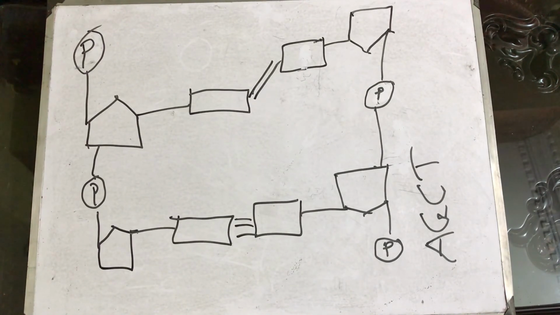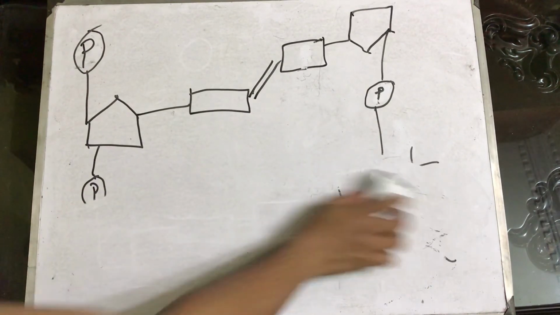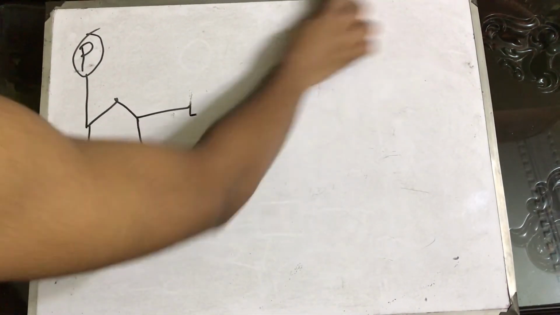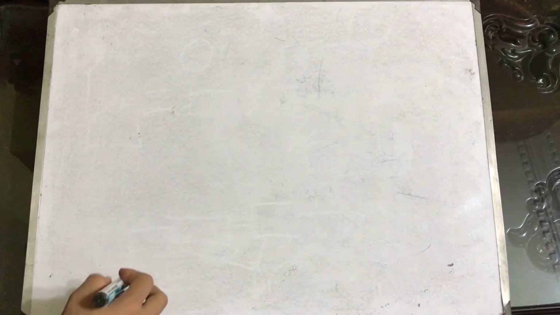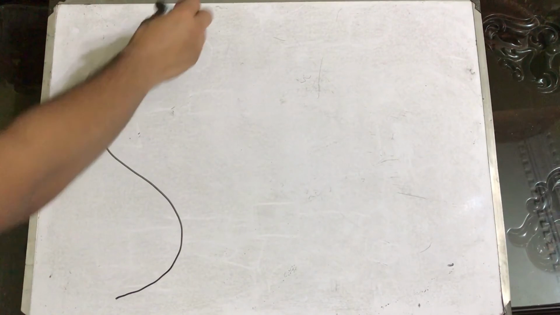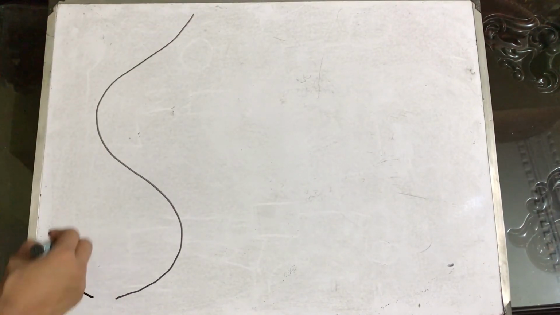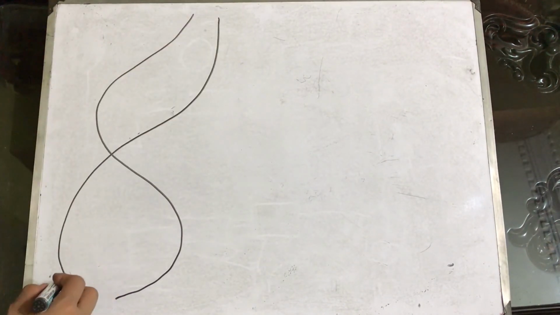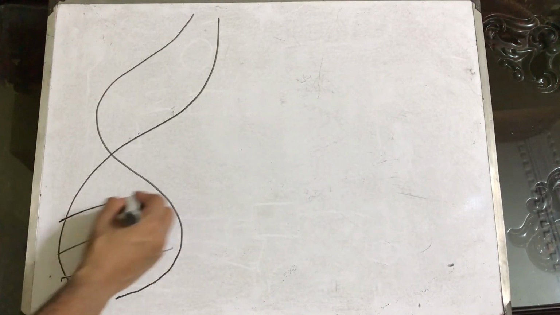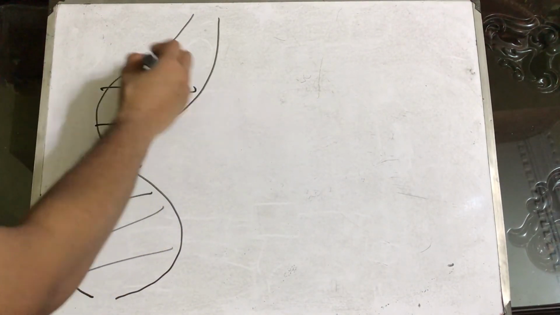DNA is often described as a double helix. So DNA is a double helical structure. Since it has two strands, DNA is made up of two strands. The strands are not just straight. If one strand is like this, the other strand will be like this. And there are the hydrogen bonds. These are the hydrogen bonds.